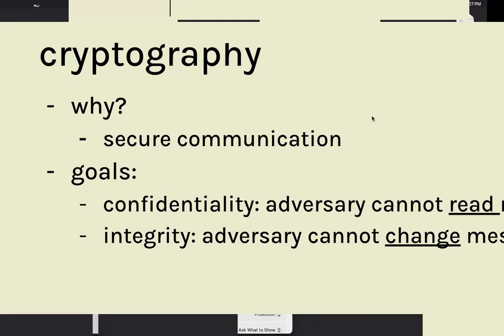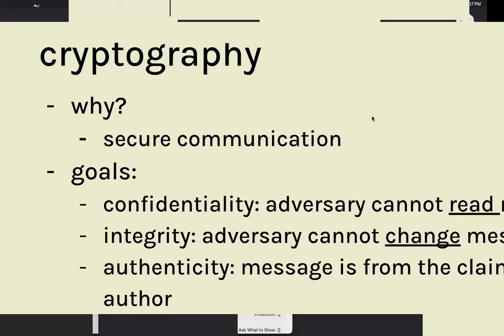Okay, this is integrity. And then authenticity means that you can know who the message is coming from, and people cannot masquerade as someone else. If you get a message, you know where the message came from. So these are 3 important properties that we want pretty much any system that communicates over the web to have, right?